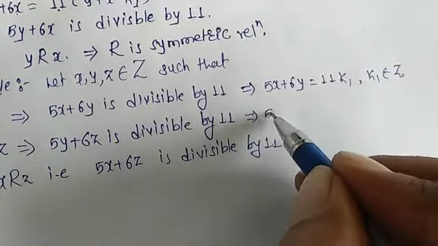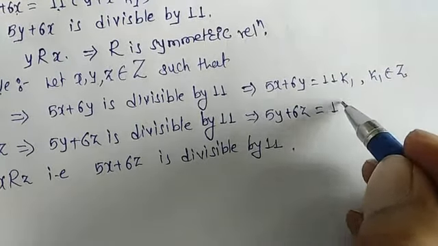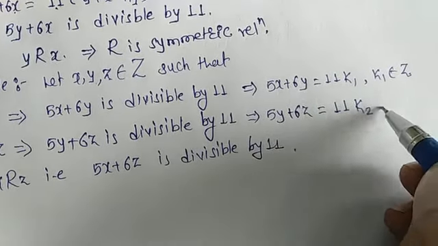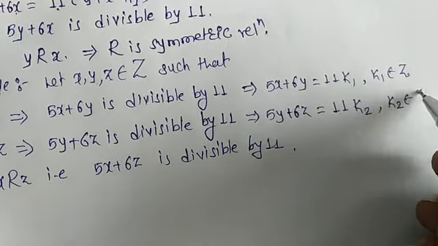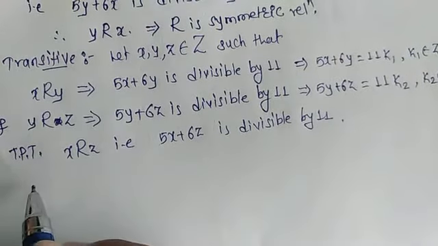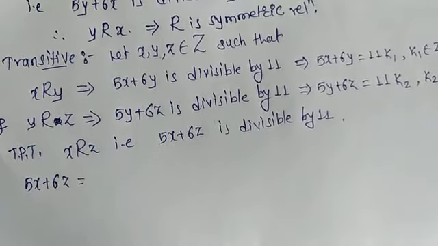Similarly, 5y plus 6z is also divisible by 11, so it can also be written as 11 into any other integer k2, where k2 belongs to Z. Now we have to prove that 5x plus 6z is divisible by 11.